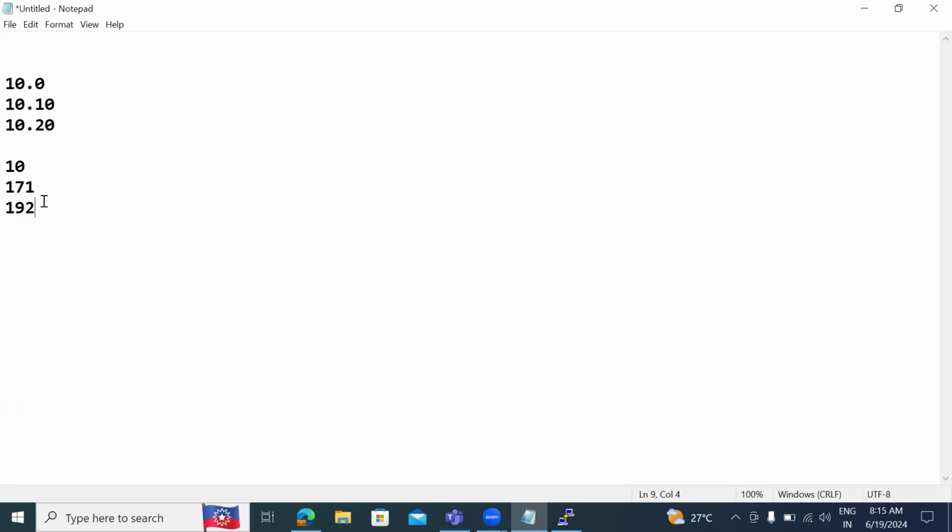Only these three series come under private ranges whenever we are designing our own private network. These reserved private ranges are suggested, so you can take the 172 series or the 192 series also. That is the reason we have taken the 10 dot series.